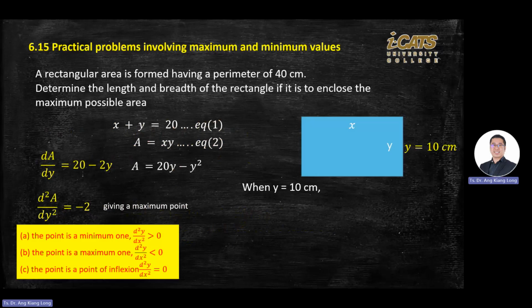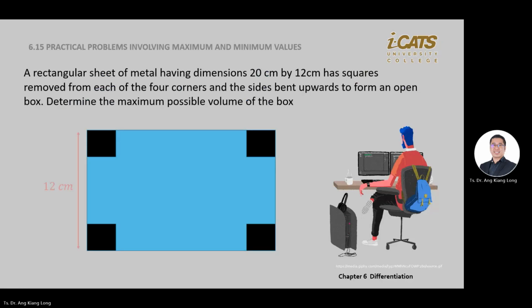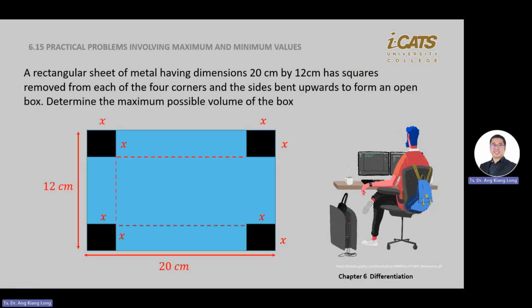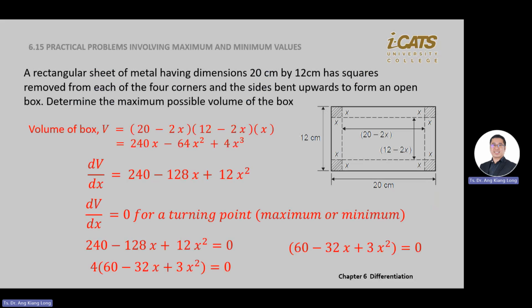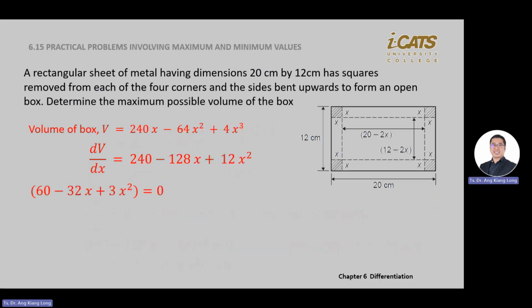This application is important when it comes to your IDP or your integrated project. You do design later. Have a look at how you apply these things. This is in your design module.